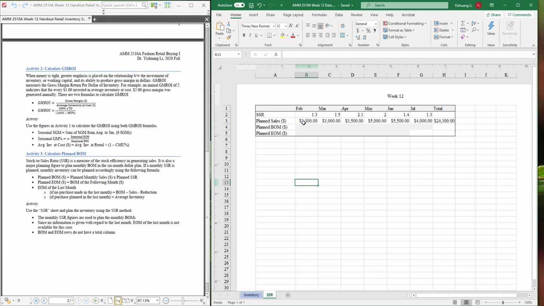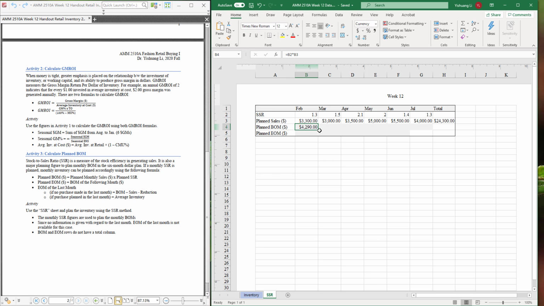So based on the formula, planned BOM, which would be the beginning inventory of that month, equals the SSR of that month times the planned sales of that month. This is the planned beginning inventory of February.